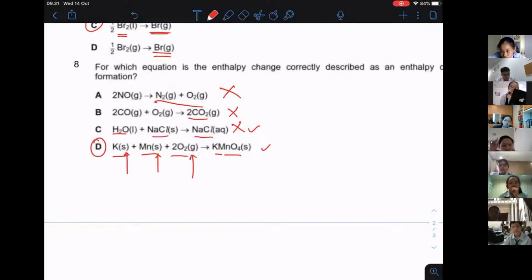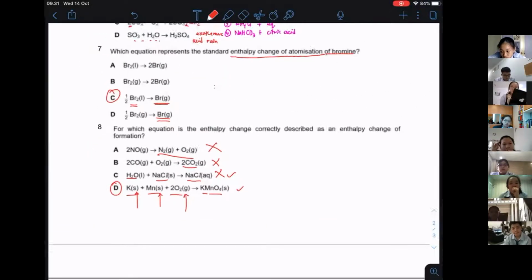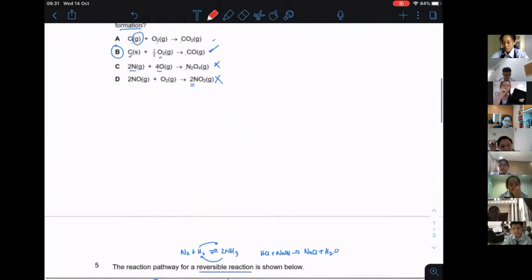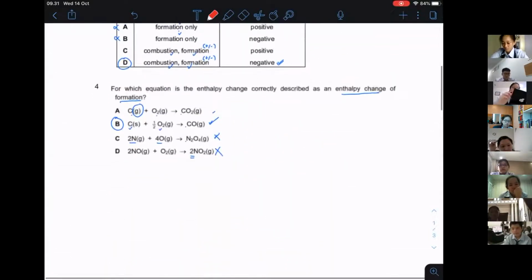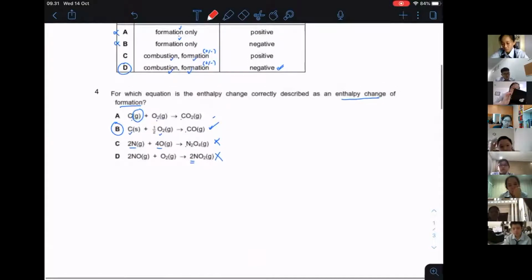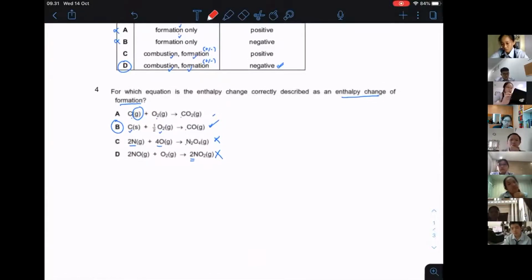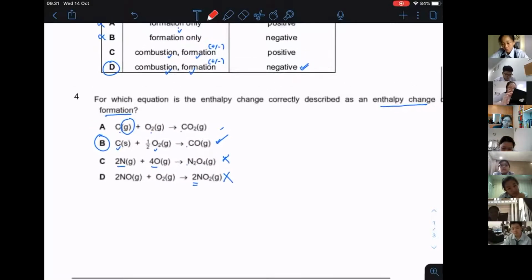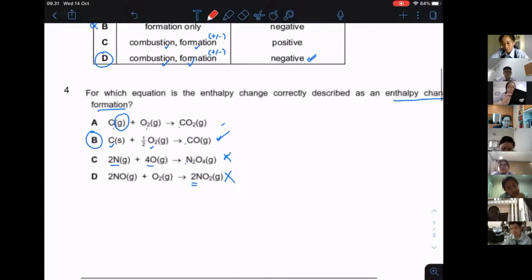Sir? Yes, Josh. For just now in number 4, why are atoms not considered elements? For number 4C. Okay, why are atoms not considered as elements?